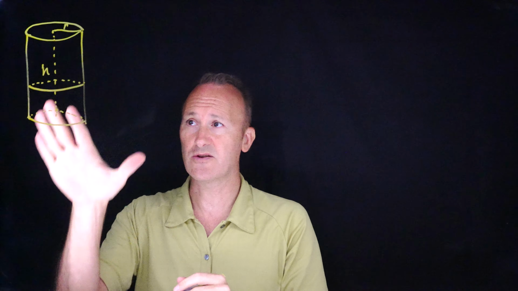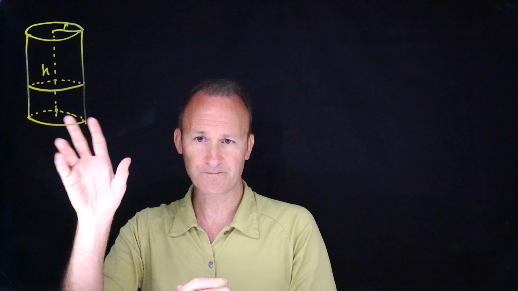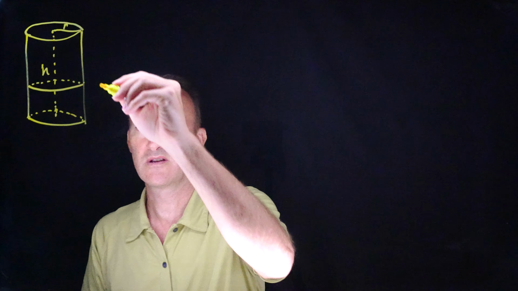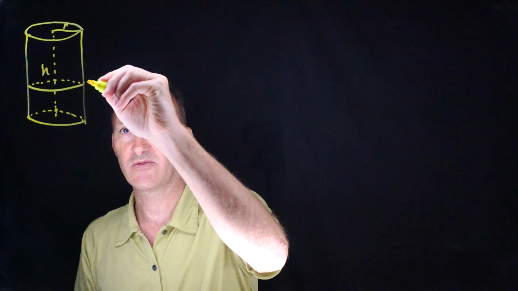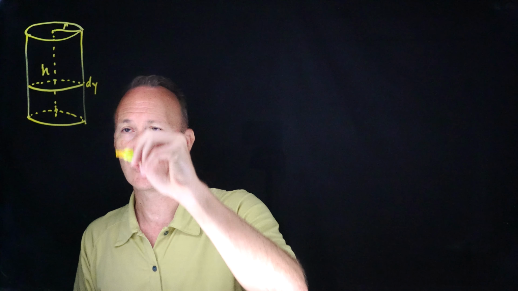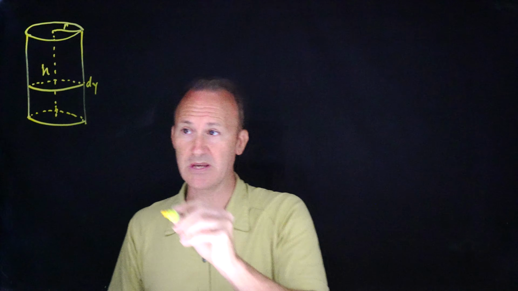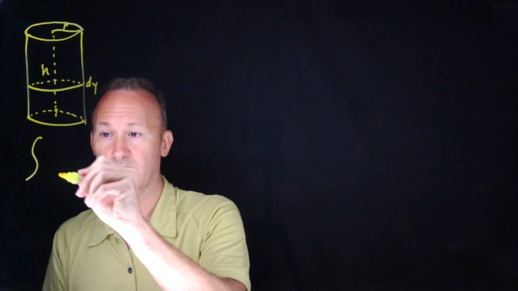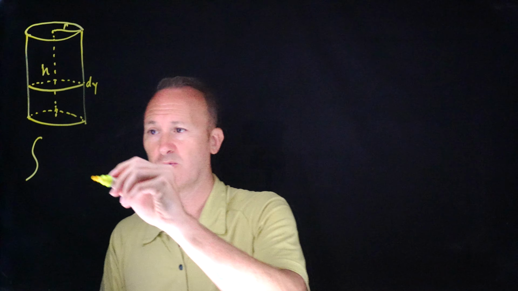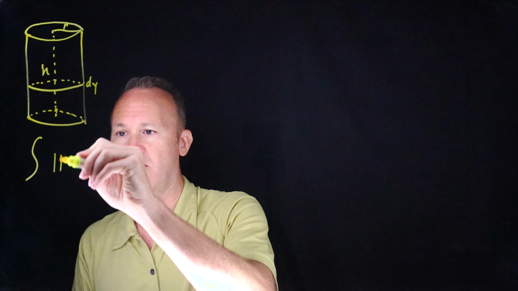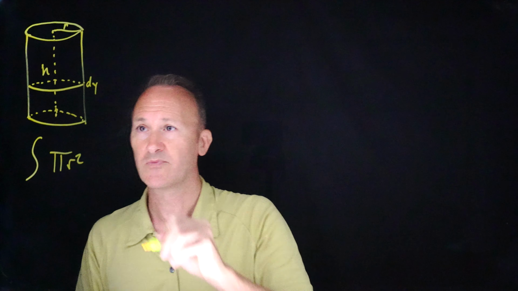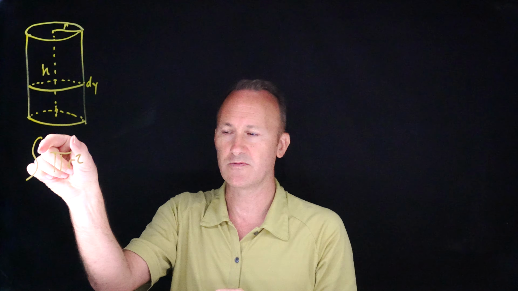Now, if we consider this in terms of, say, x and y coordinates, then the height would be like a dy. And so what we're summing, remember integrals mean sum, is a bunch of circles. They all are pi r squared here. Each circle is the same circle.